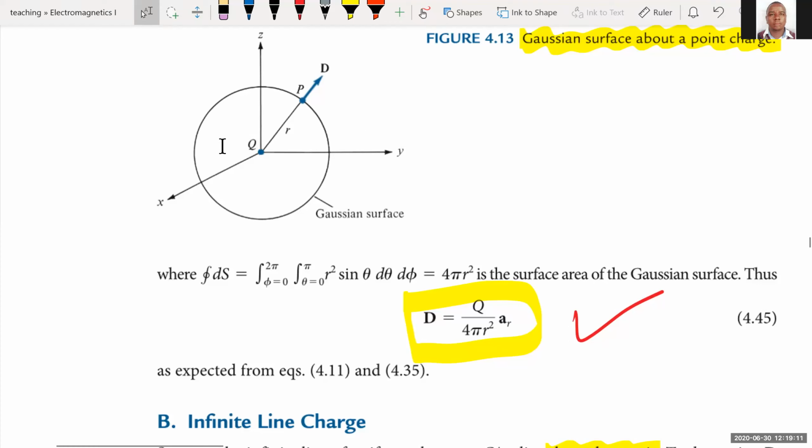And therefore, at any point, you can always find the electric flux density D from the point charge.